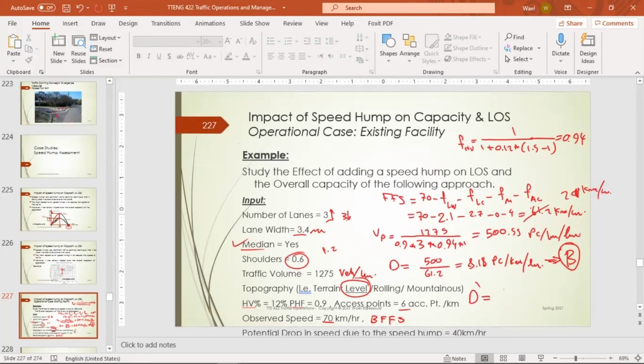It will be 500, the same traffic volume didn't change, but divided by 21. How much density will we have at that speed hump? 23.6 passenger cars per kilometer per lane. So now we have a new level of service, which is E.